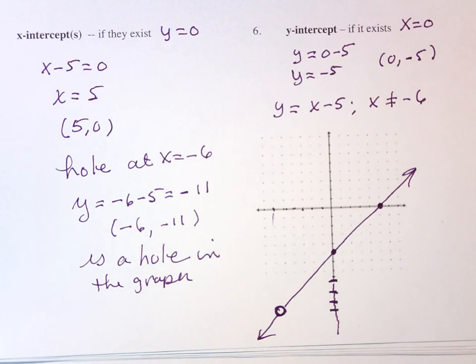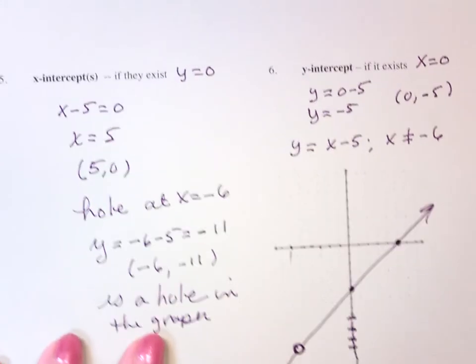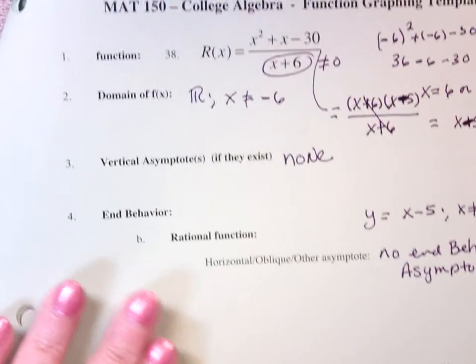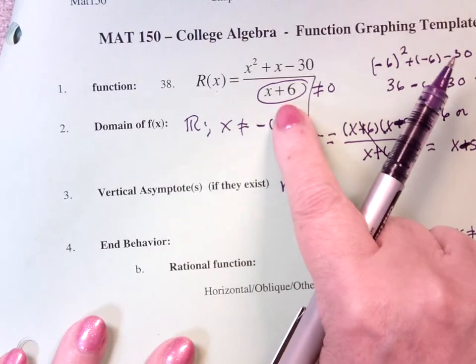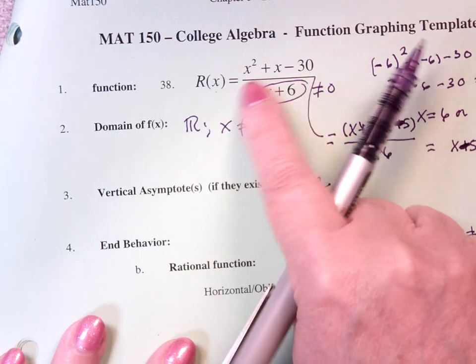So how would you catch that normally, though? Before it catches you. You always want to try to factor the top. What you want to be interested in is once you know what the factors of the bottom are, you put those values in for x in the top.